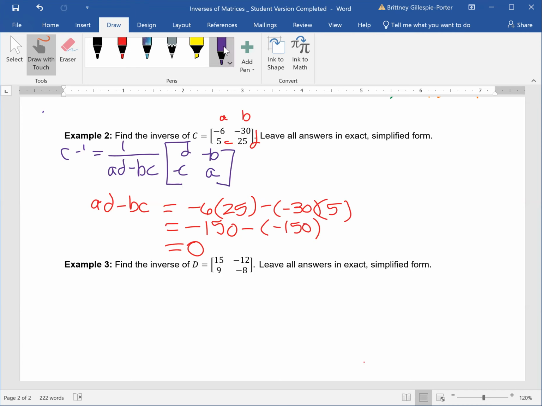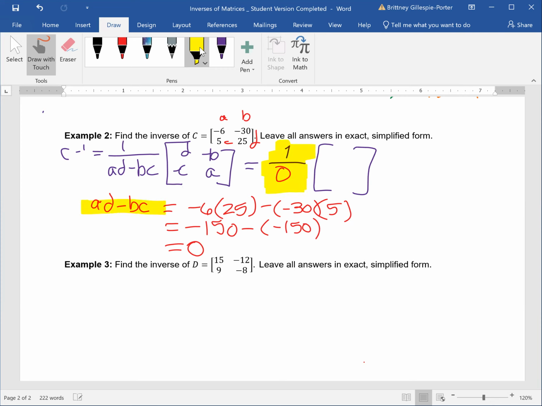So if we're looking at our formula, we would have 1 all over 0 times our crazy matrix, which we haven't even done yet. But it doesn't even matter because of the 0 in the bottom.